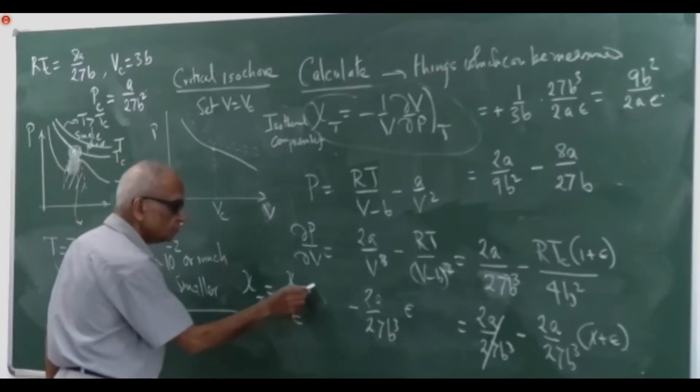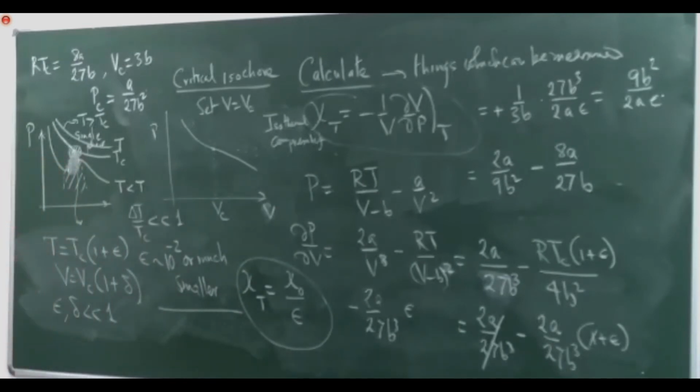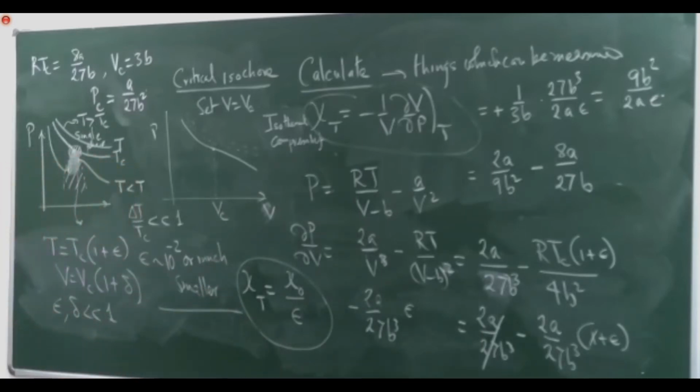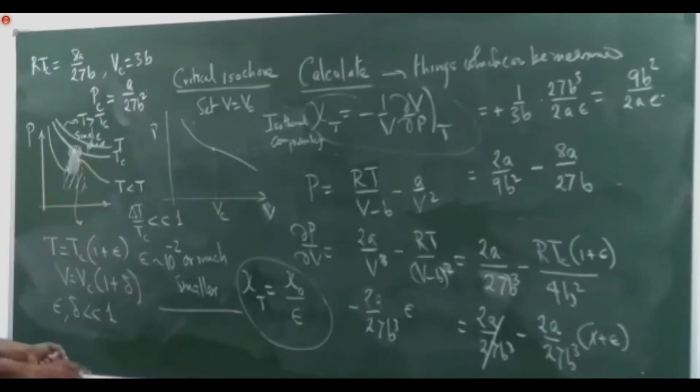And in terms of that, what you find is that chi of T is going to diverge as 1 over epsilon, no matter what the gas is that you have taken to do the experiment with. It doesn't matter whether you are looking at carbon dioxide or nitrogen or oxygen or whatever it can be, but it is always 1 over epsilon.